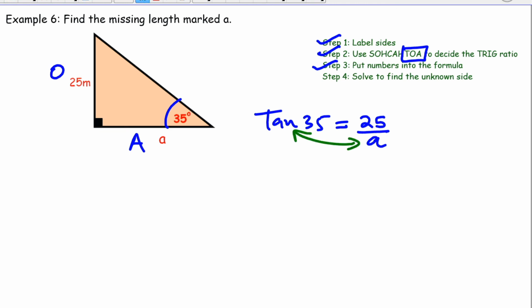We swap, because we want A to be on the left hand side. So we'll have A is equal to 25 over tan 35. And just plug that in your calculator. Again, what you end up with is 35.7 meters.